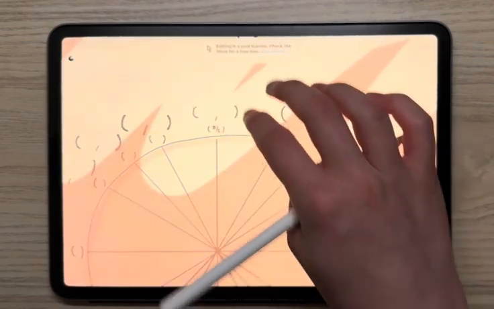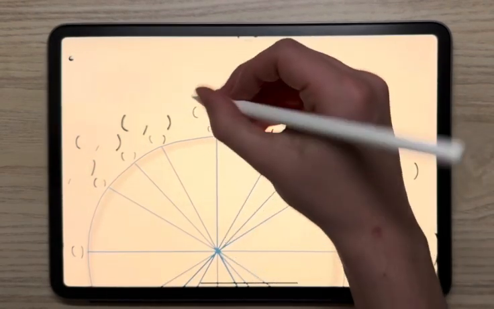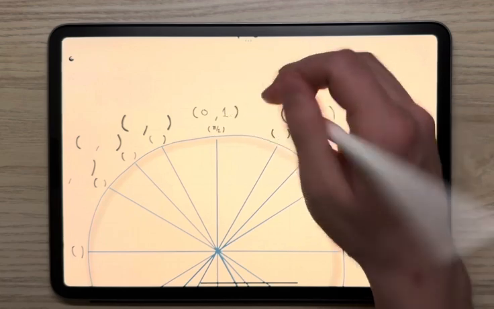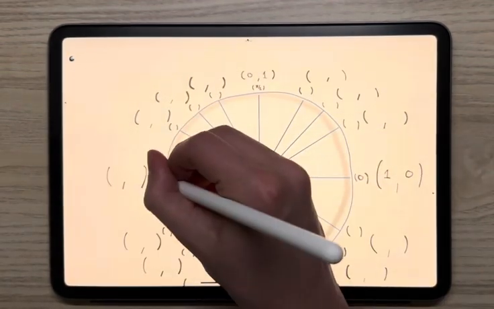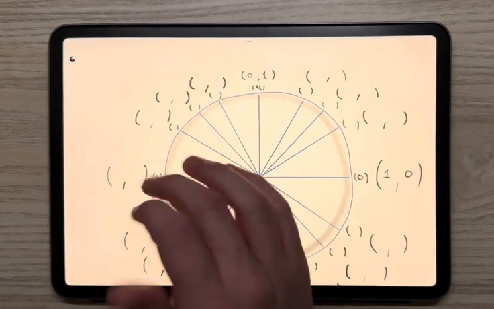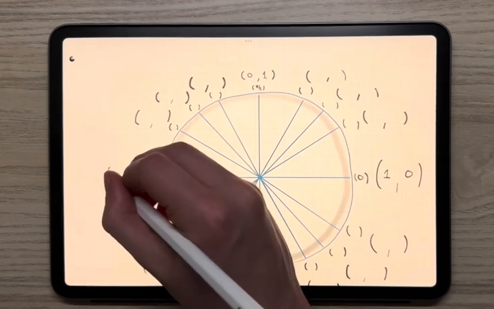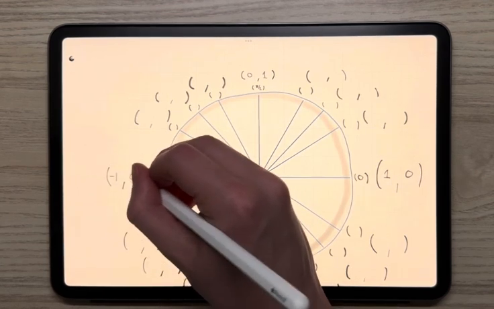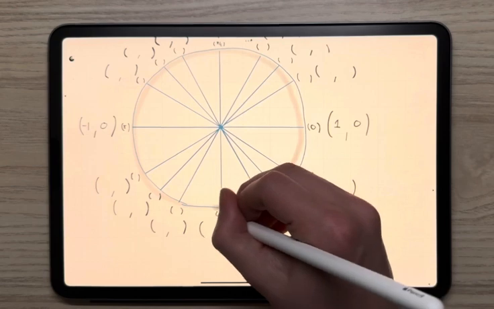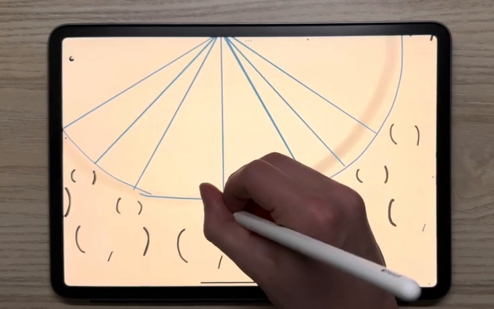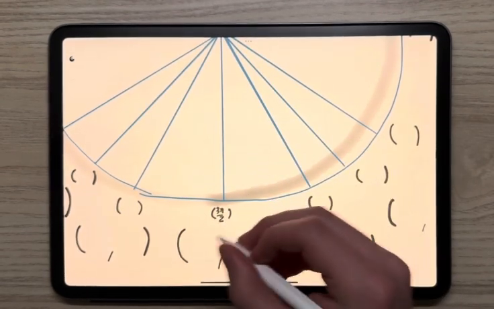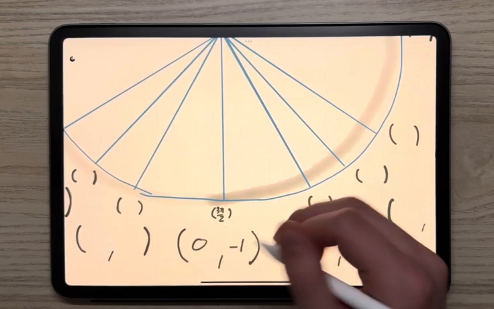This has an x coordinate of 0 and a height of 1. This is pi radians, and then right here is going to be -1, 0, and then this is 3 pi over 2, and then right here is going to be 0, -1.